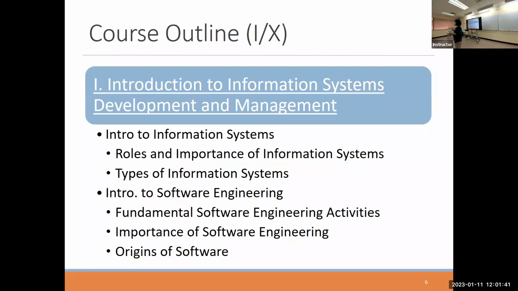So you need to know that we will also learn software engineering methods, because successful information system also relies on successful software development, but not only that. We will learn more as well that some information system projects fail, not because of unsuccessful software development, but because of many other factors.